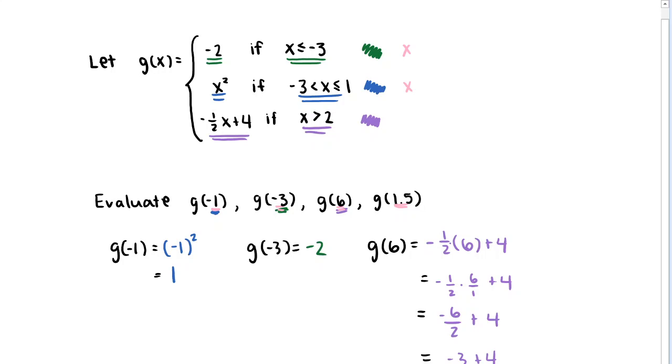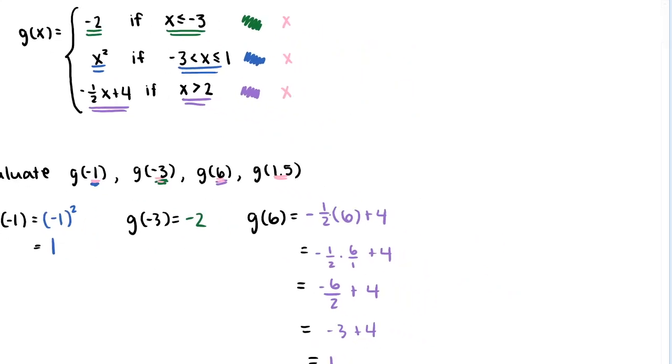And 1.5 is not greater than positive 2, so I'm not going to use that rule either. This function doesn't know what to do with 1.5, so really what this is saying is that it's undefined. So g of 1.5 is undefined. There is no rule for such an input value.